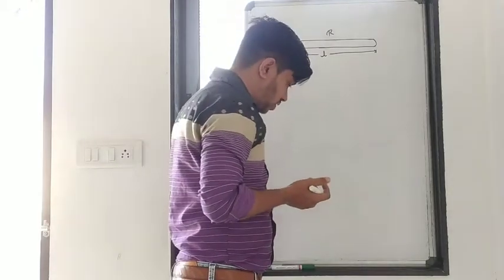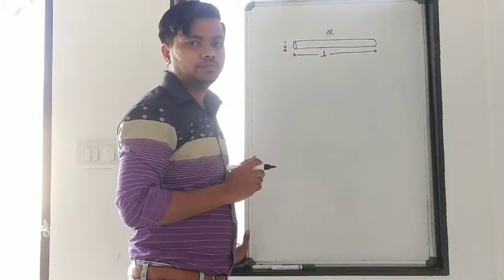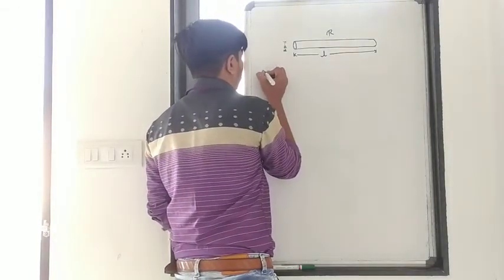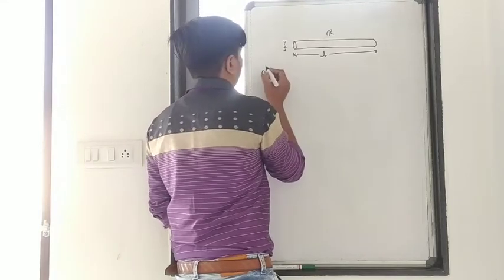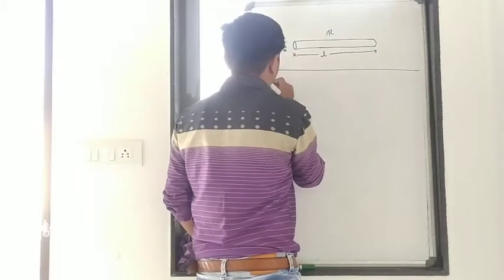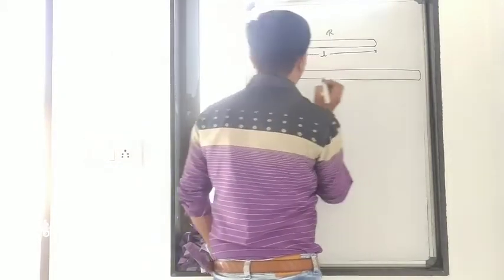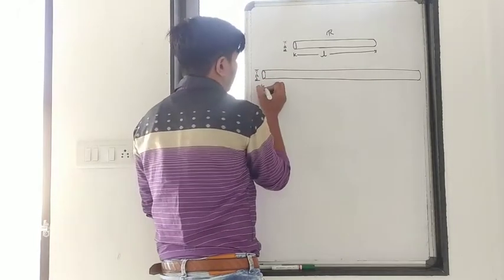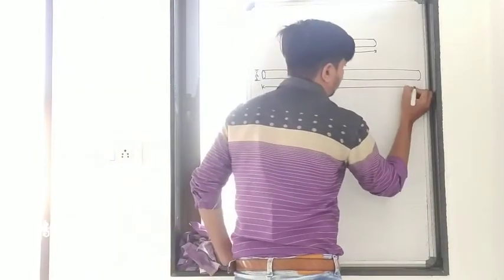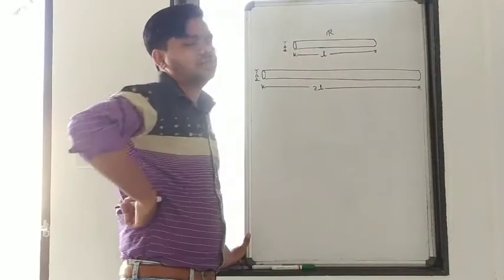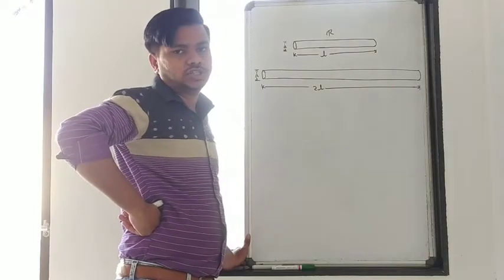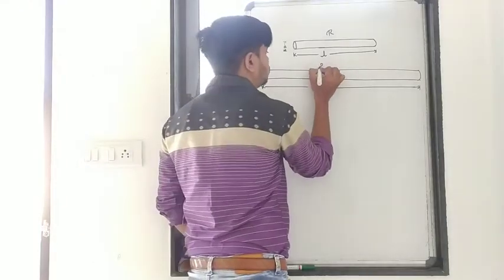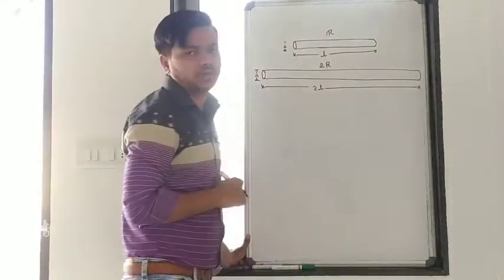Now I am taking a same material wire, but the length becomes large, right? The cross-sectional area is A, but the length becomes 2L. Now I am measuring the resistance with the same circuit, and what I get, the answer becomes 2R, double than the first one.